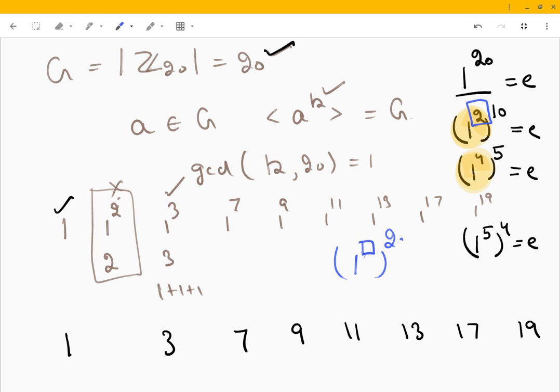So for that we need to write 20 here. It is not a factor of 20. Okay, like 3 for example. So what we'll do is 1 to the power 20 to the power 3, so that we can write e to the power 3, which is e.